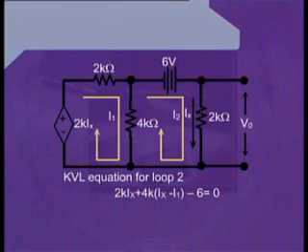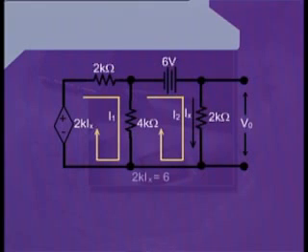Now, in the previous slide, we have already calculated that I1 is equal to Ix. Therefore, putting the value of I1 into this equation, we can write 2k Ix minus 6 equals 0. Further simplifying it, we can write 2k Ix is equal to 6, or Ix is equal to 3 milliamperes.